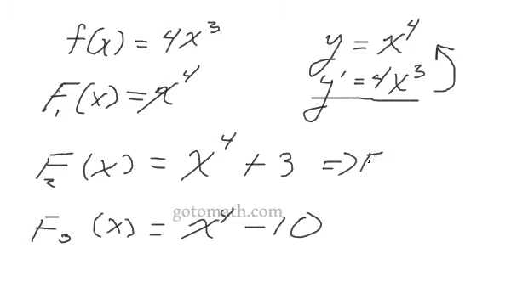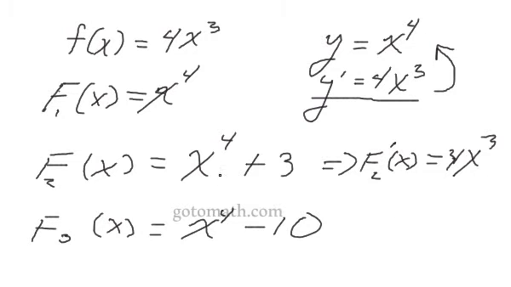So I'm going to write F2 prime of x, and the derivative of this is 4x to the third. On all of these, we're going to be able to take the derivative of the antiderivative to get back this function up here.